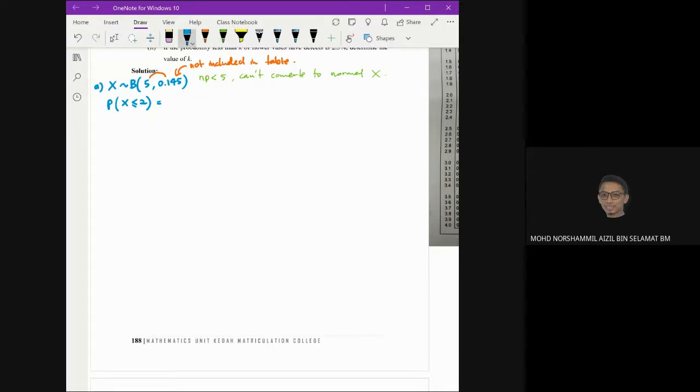We need to go manual, guys. We want maximum 2, therefore we need to calculate probability at 0 plus probability at 1 plus probability at 2. We go old school, manual.